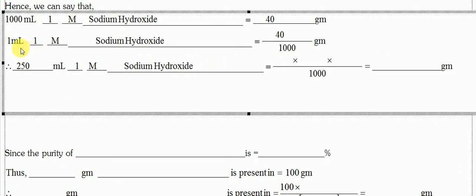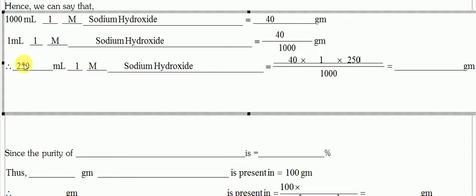We have found out the amount required for preparation of 1 ml 1 molar, and now we are calculating the amount required to prepare 250 ml. 250 ml is a much larger volume than 1 ml. So since 250 ml is larger, we have to multiply the upper formula, 40 divided by 1000, with 250 ml.